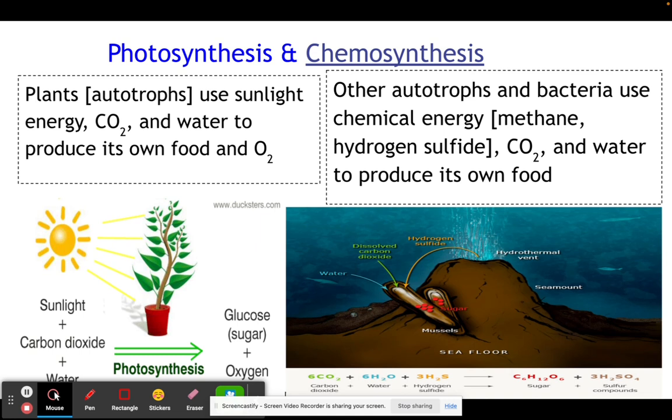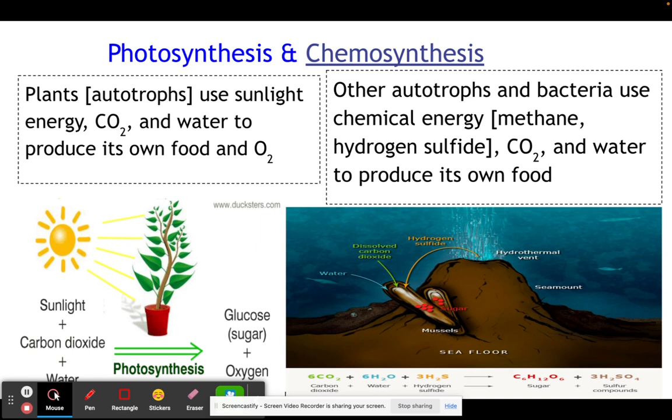In another video that I'll attach here, you can look at how the mussels living at a mud volcano show evidence that they are doing chemosynthesis, because they are releasing bubbles. We know that oxygen is the waste product of photosynthesis, and that's what we use to breathe in.